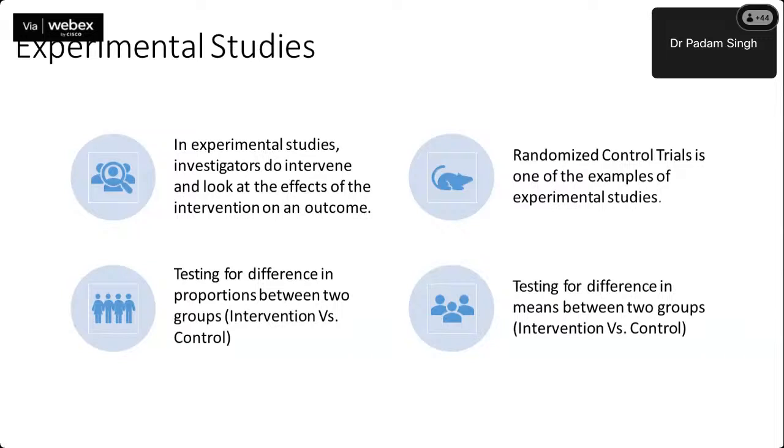Here we will be testing for the difference, and that difference will be between two groups. One will be the intervention group, another one will be the control group. And the outcome parameter could be a proportion or it could be an average. The objective of experimental studies is testing, with that sample size. Next.